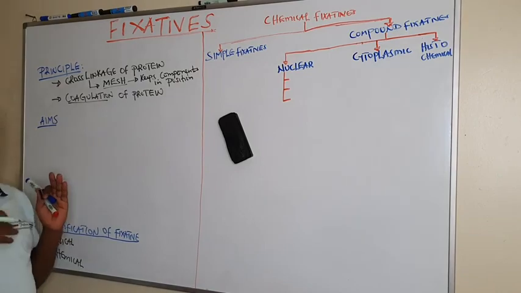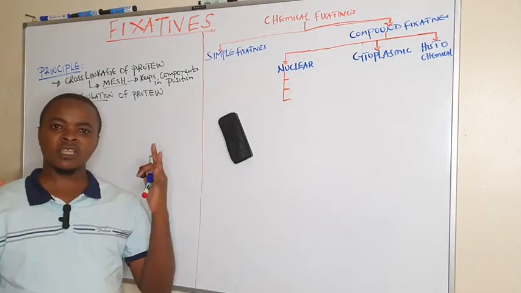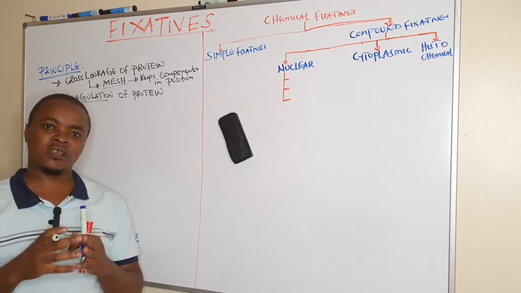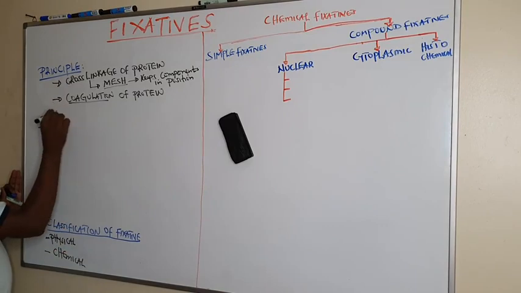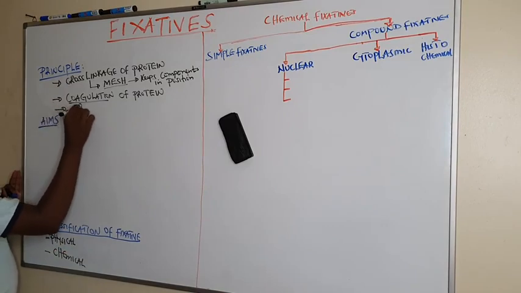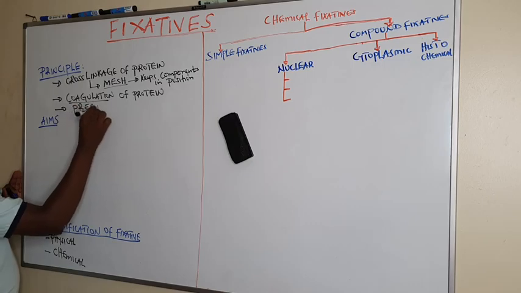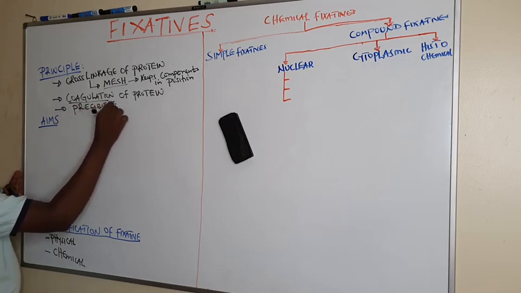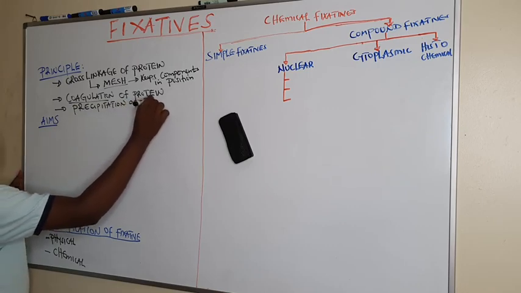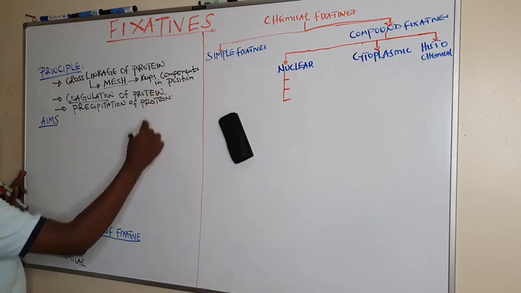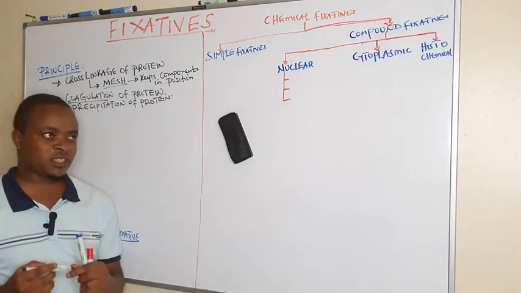And when proteins coagulate, they form a semi-solid structure which keeps the cells in their position. And others act by precipitation of proteins in the cell. So this is the mechanism of action of fixatives.